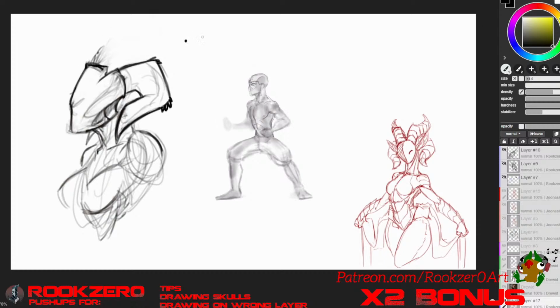But every now and again, I'll do line practices where you just draw two lines and try to draw through it. I failed here. That's bad. This one's okay. It's a little wobbly over here, but all I'm doing is trying to connect those two lines as perfectly as possible. That's bad. That one's okay.